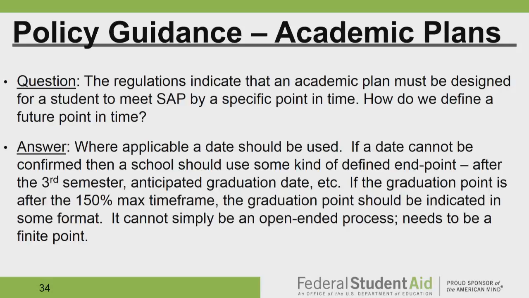If not such a specific date, then maybe something more specific like, well, it will go to the end of the third semester or the second quarter, or maybe the anticipated graduation date that's established for that student. But it has to have some specific endpoint. It can't be open-ended. Okay? It can't go forever. Remember, we're giving them a second chance, so it has to be pretty defined.